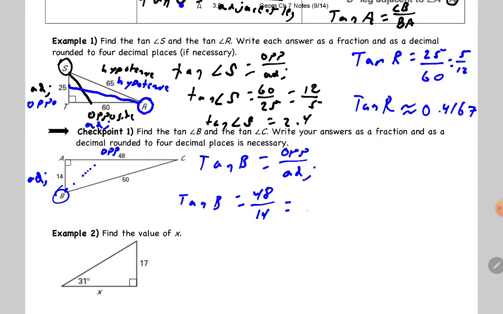And this will reduce to 24 over 7, which is approximately 3.4286.